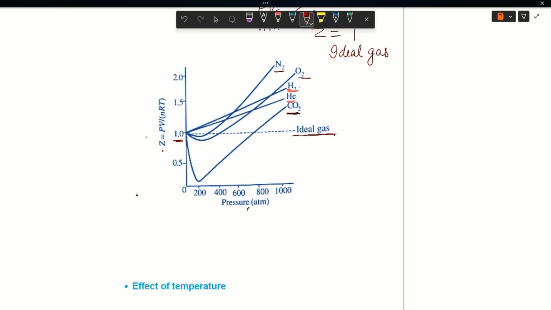This is because for an ideal gas, it is okay that we neglect the volume occupied by the molecules and assume no intermolecular attractions.